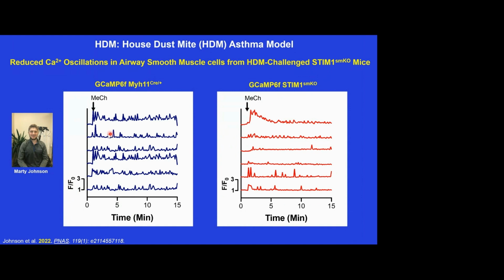These are some of those oscillations in the control mice. You can see they're over a plateau here. And these are the oscillations that you see in the smooth muscle specific STIM1 knockout. You have fewer oscillations. Some of them have a tiny little amplitude. Sometimes you get a big bump at the beginning, but then nothing after. But they don't look anything quite like this.